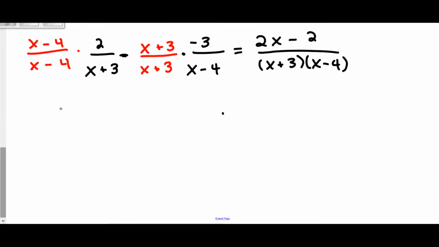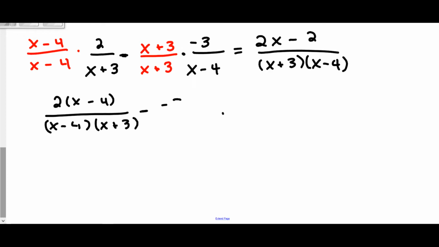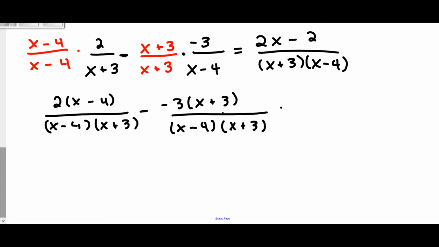Now we are going to just rewrite it neater. So 2 times x minus 4 times x plus 3 minus negative 3 times x plus 3 over x minus 4 x plus 3 equals 2x minus 2 over x plus 3 x minus 4.